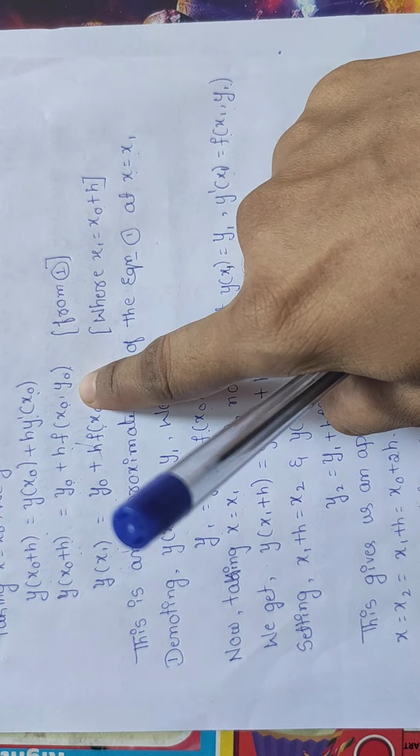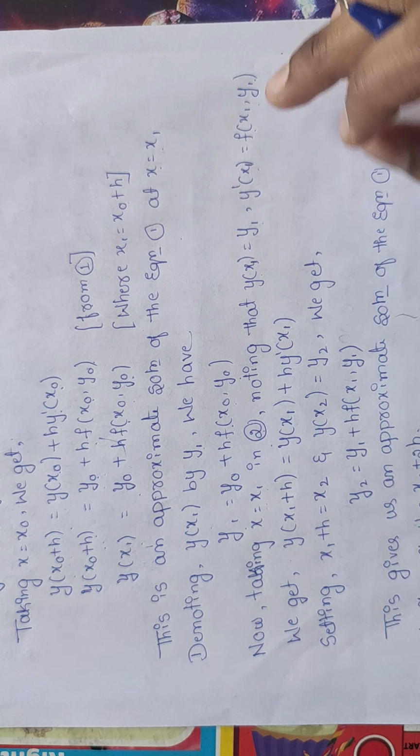In the first step we had initial values, but this is the next approximation, so we consider 1.